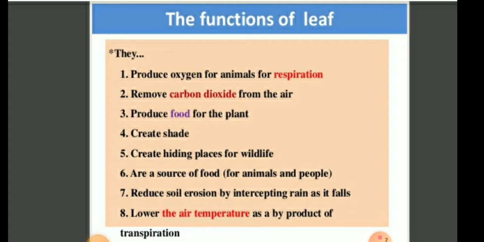Leaves reduce soil erosion also, by intercepting the rain as it falls, and they lower the air temperature as a byproduct of transpiration.